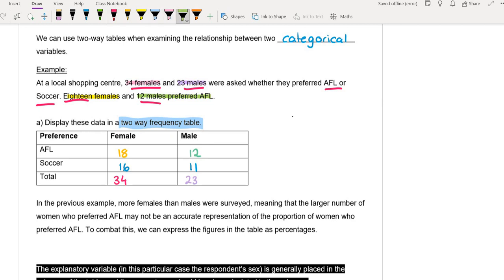A few things you need to double check after you fill it out is to see if your numbers add up. For females and for males, 23, 23. Otherwise, it's pretty straightforward. And when we fill this out, we want to make sure the EV is up top and the RV is over here.